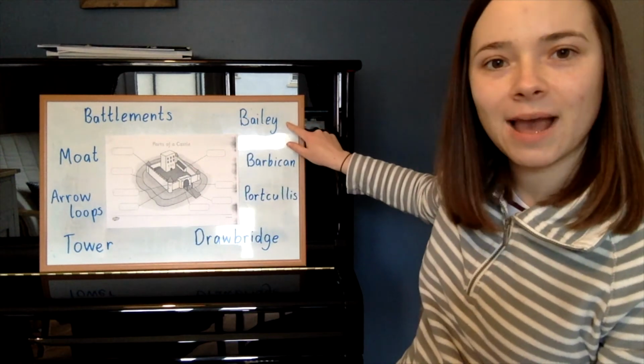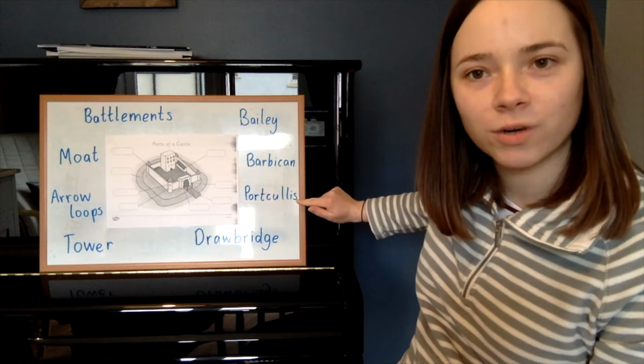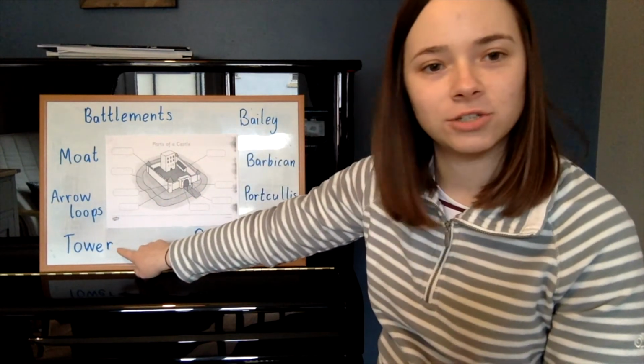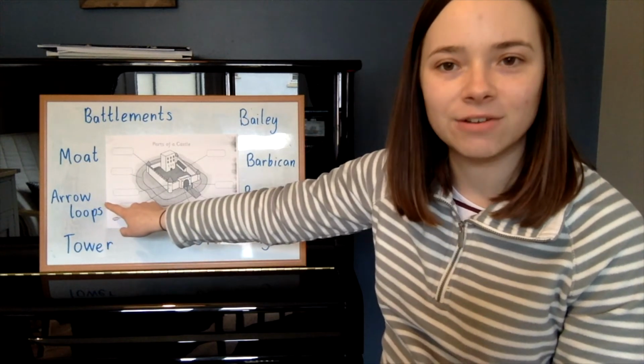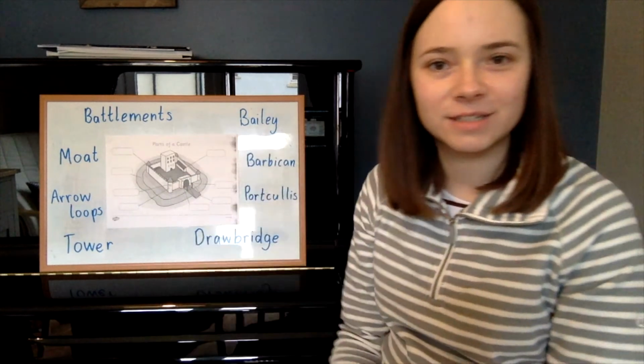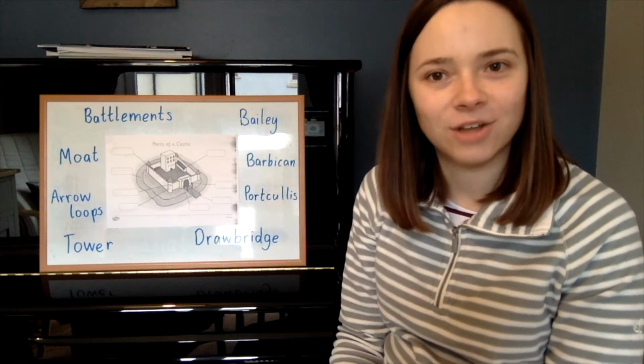So we've got a bailey, a barbican, the portcullis, the drawbridge, the tower, the arrow loops, the moat, and the battlements. Brilliant. I wonder, can you remember what any of those things are?